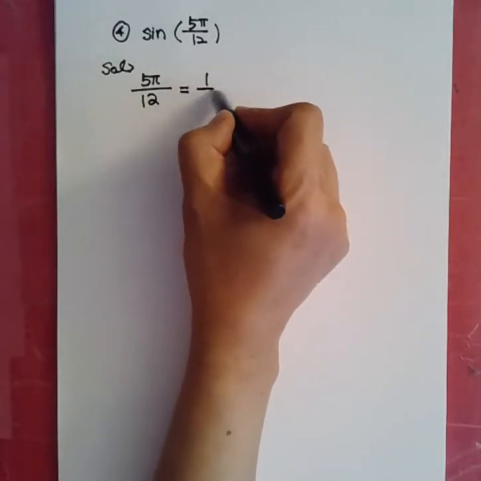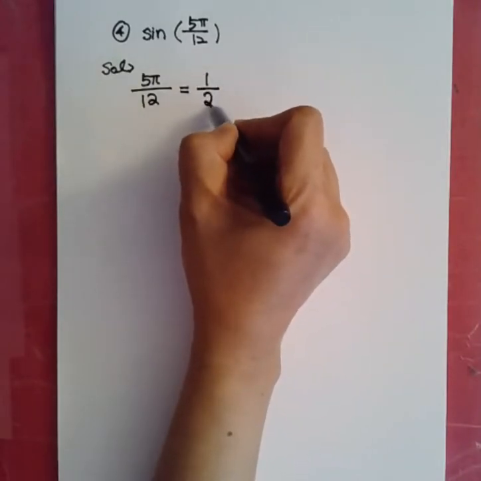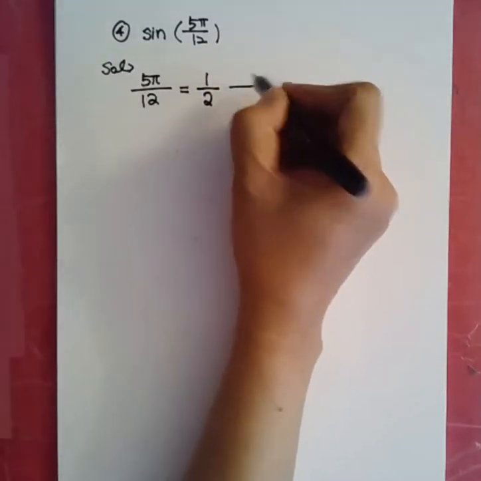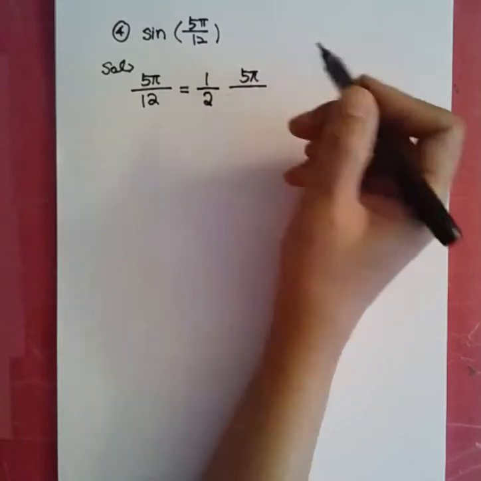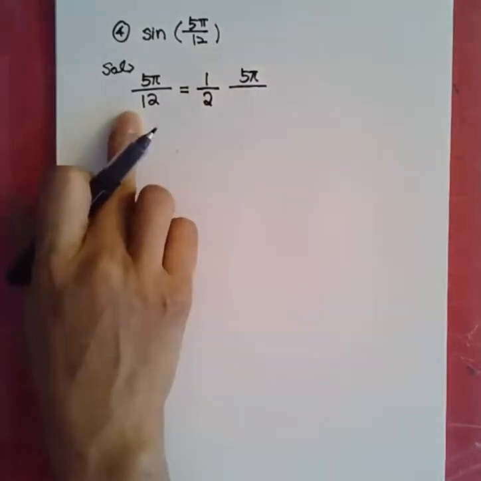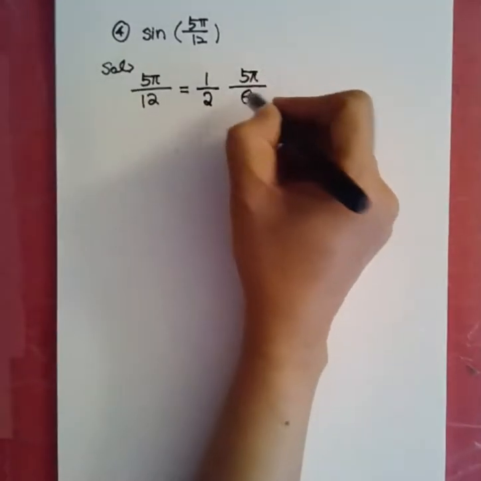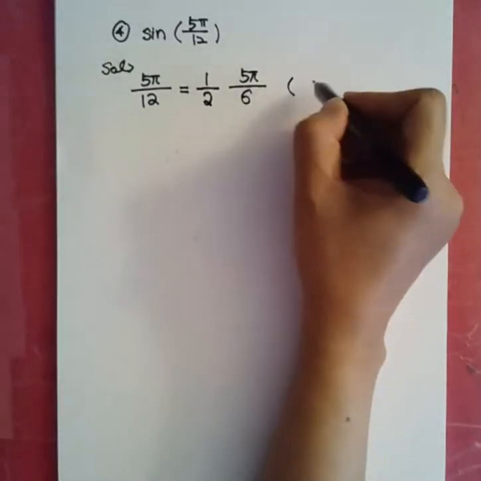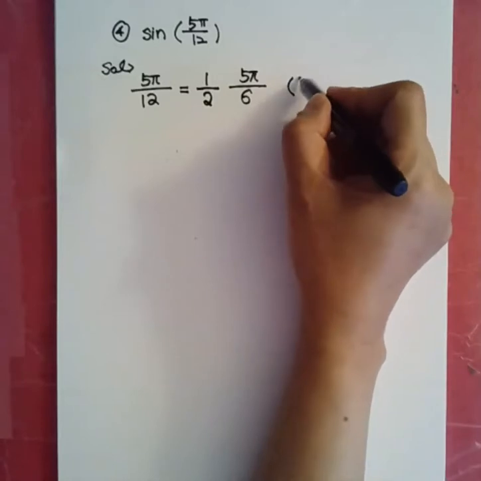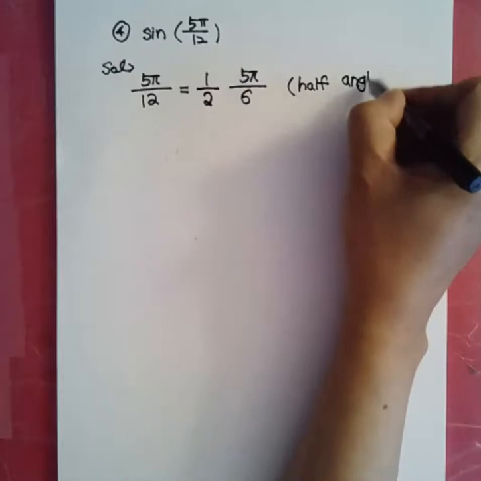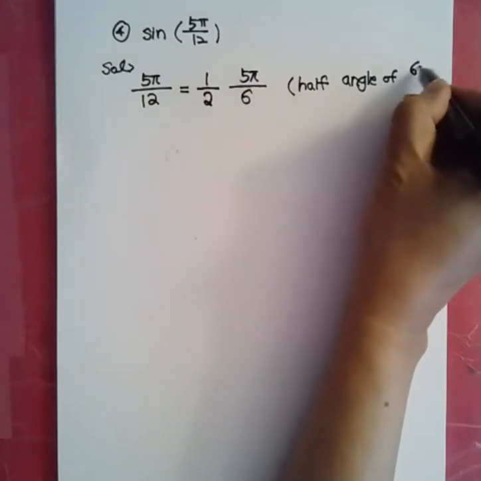So half angle of something is 1/2 times another angle. Definitely, the numerator must be 5 pi. And when we multiply, you have to make 12. So the only possibility is 6. That means 5 pi over 12 can be perceived as half angle of 5 pi over 6.